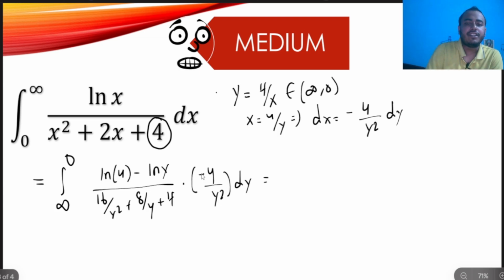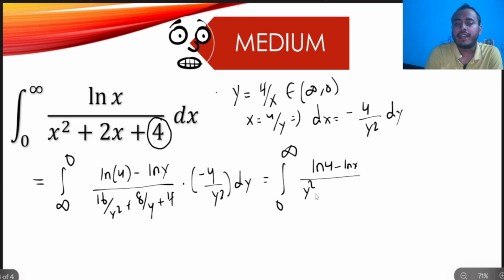Put the minus and interchange the limits, so it becomes 0 to infinity. And then you have a 4 here, cancel off the 4s and multiply it by y squared. So I think you simply get ln 4 minus ln of y divided by y squared plus 2y plus 4 dy.